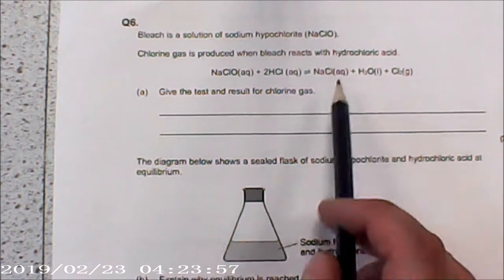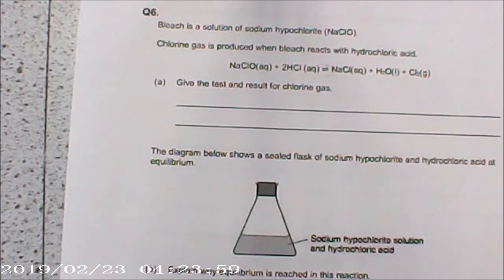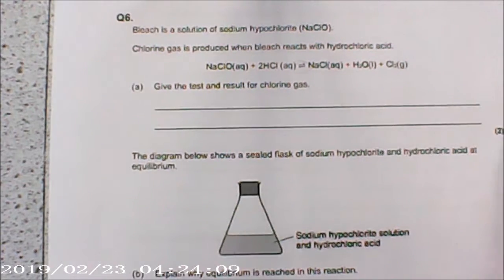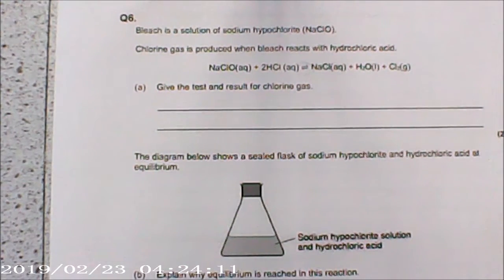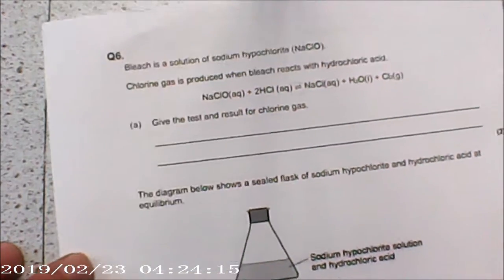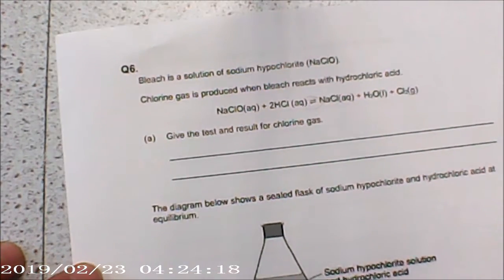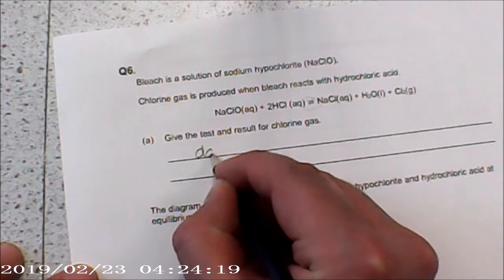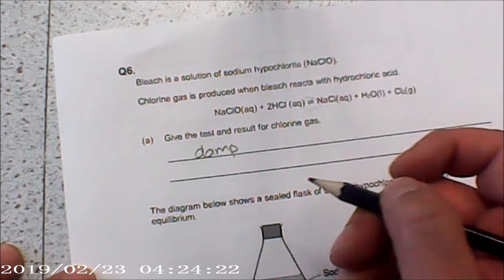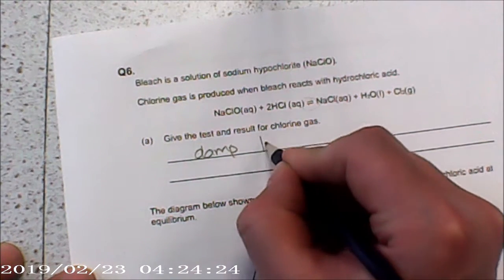And hopefully you've picked up that this symbol is obviously a reversible reaction. So first one, great link to the last chapter. Give the test and result for chlorine gas, and it's worth 2 marks. So I imagine most of you will have this. The only thing that people are still slipping up on is that we must say damp or moist, either word, litmus paper.